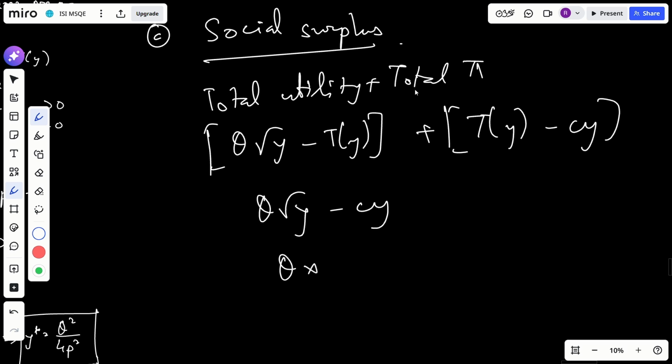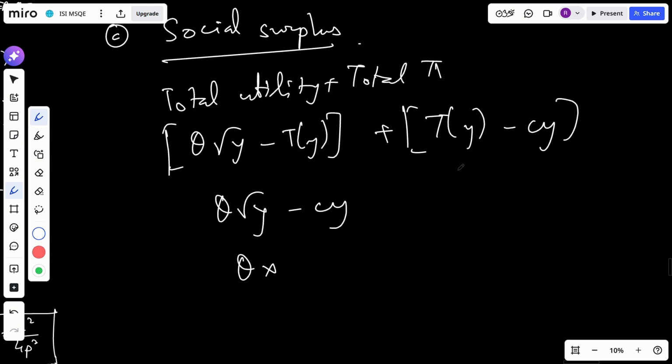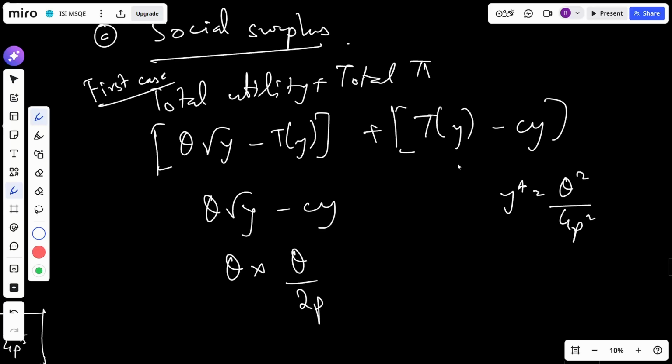We need to find out social surplus in both the cases. This is the first case. So theta times root y. Our y star was theta square by 4p square, so this is theta divided by 2p, minus c theta square by 4p square.